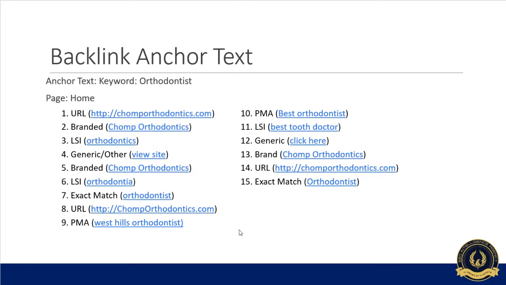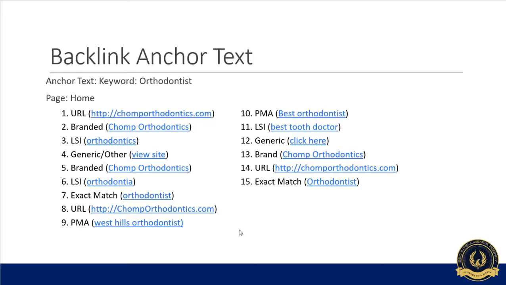So this is the outline I have for backlinking to the site. I've got this set up based on the anchor text keyword orthodontist. So if I was just trying to rank the homepage for orthodontist, these are the links that I would build out to my site.